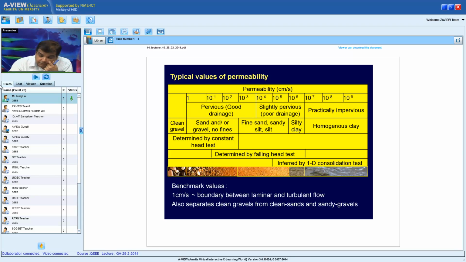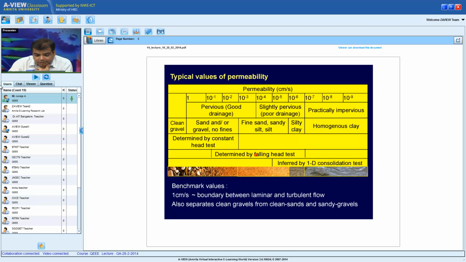And if you compare this to concrete, which probably has voids less than 2%, you are actually close to this value, 10 to the minus 11 or 13. So that's the lowest number. So you have a range for gravel, sand, and going down to clay.